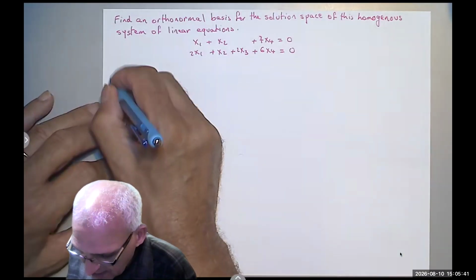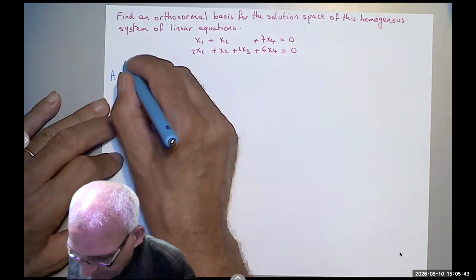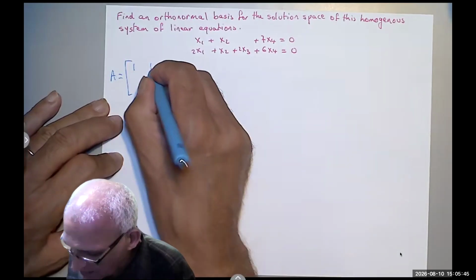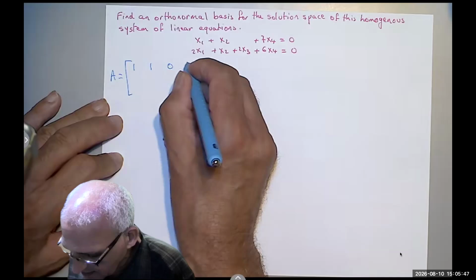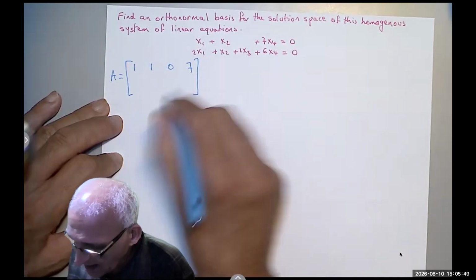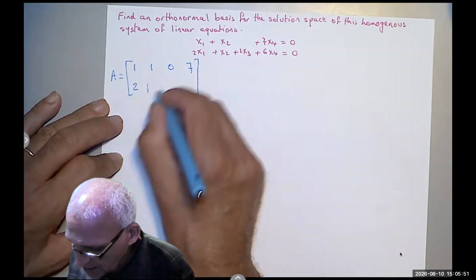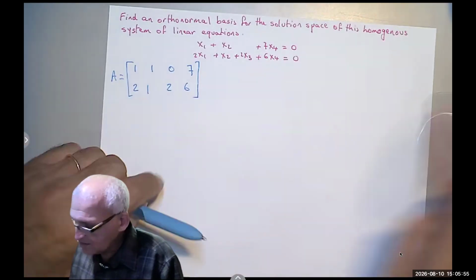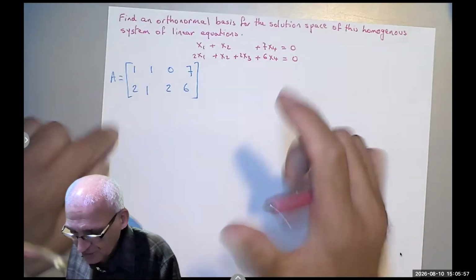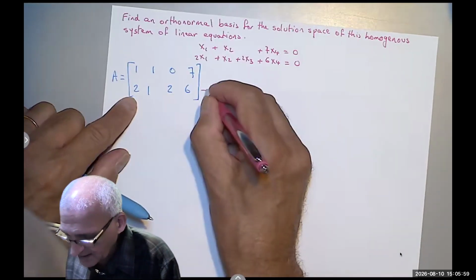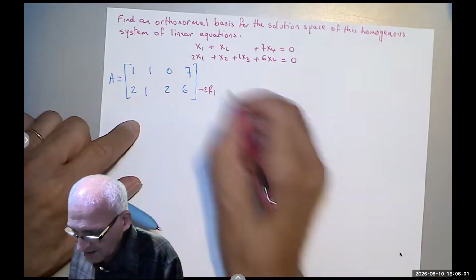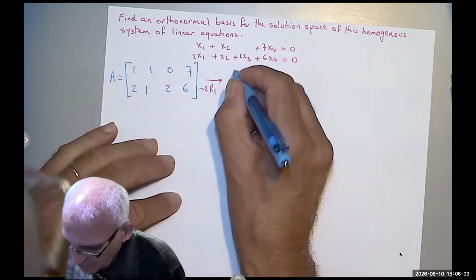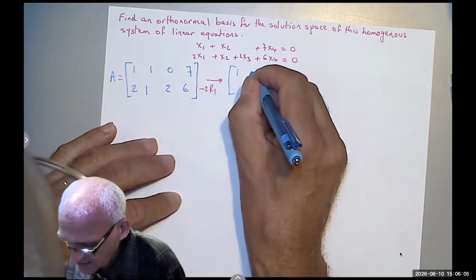So I'm going to say that my matrix A is 1, 1, 0, 7, 2, 1, 2, 6. The first step, we are going to make that a 0 by subtracting 2R1. The first row stays the same.